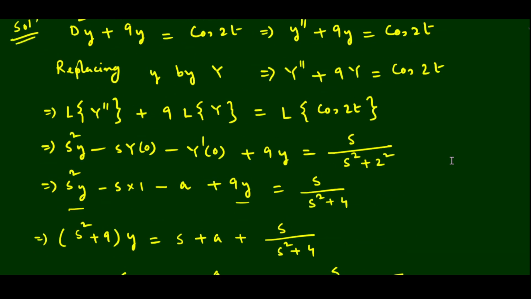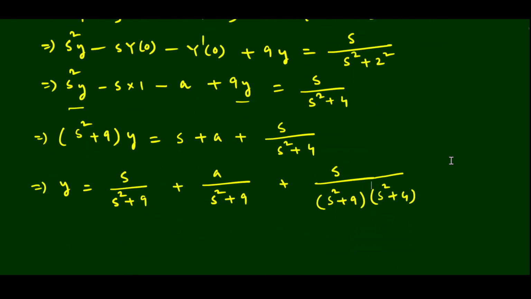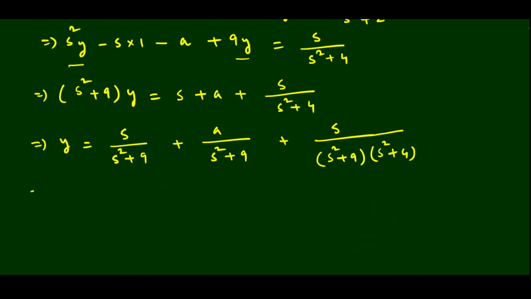Now once we have taken Laplace on both sides, in the third line you see we have taken Laplace on both sides. Now we have to take inverse Laplace transformation on both sides. So our left hand side will be L inverse of y, then L inverse of s divided by s square plus 9, you can write 3 square.